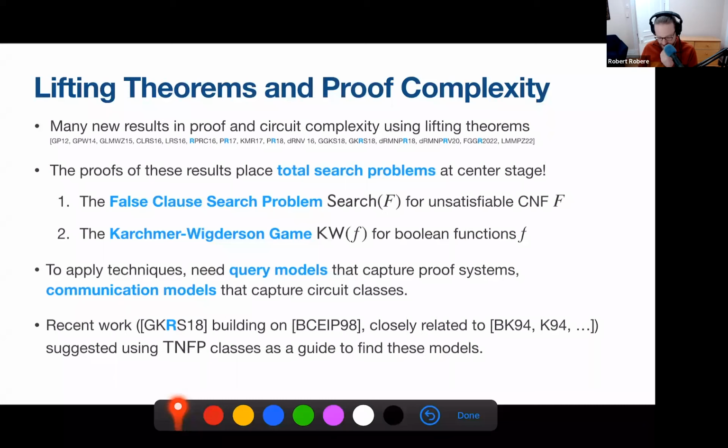So in recent work with Mika Göös, Pravesh Kothari, and Dmitry Sokolov, building on lots of work back in the 90s and even earlier, and on a related thread of work in bounded arithmetic, we suggested using TFNP classes as a guide to find different models to capture different circuit and proof classes.